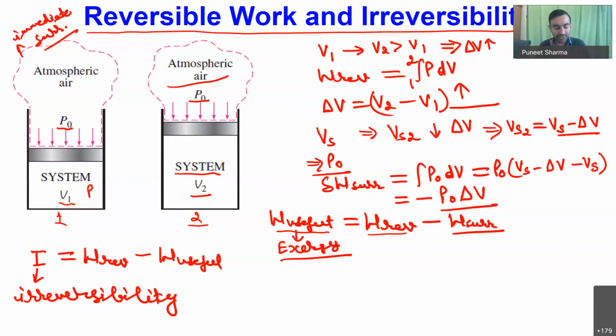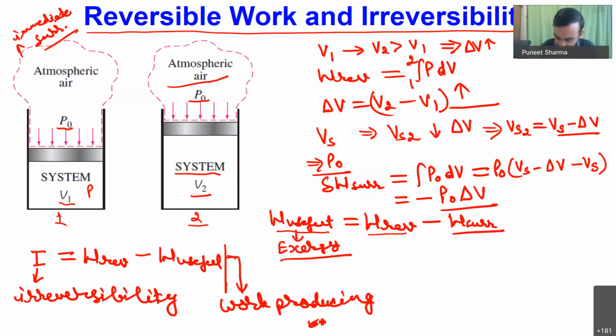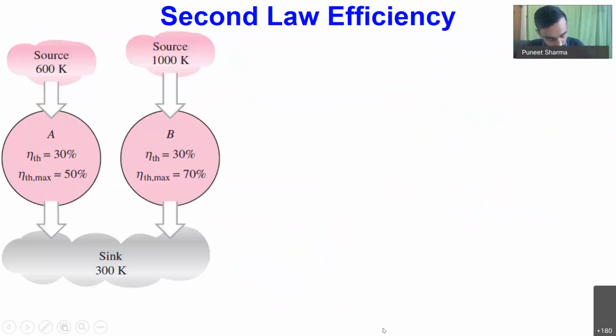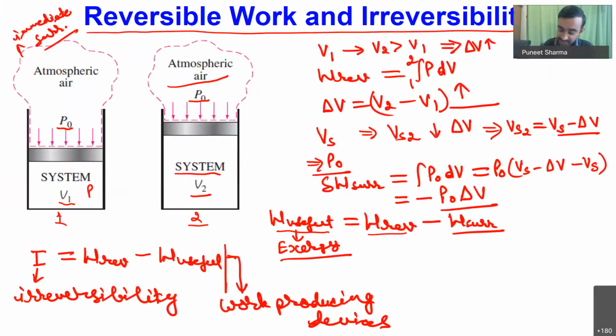Useful work represents the maximum potential work which can be utilized for any purpose. So reversible work minus useful work will be our irreversibility when we are talking about work producing devices.